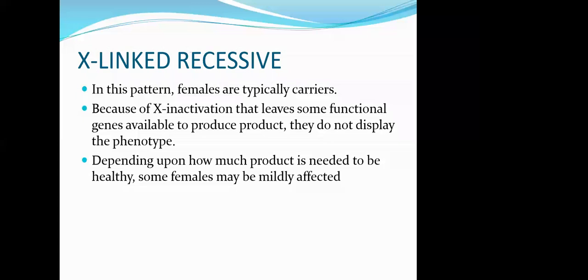But when you look at the karyotype of a female, you will not see both X's. One X is usually condensed as a bubble. It's a natural phenomenon. It's usually inactivated, which is a lucky thing, meaning that if that never occurred, then females would also suffer recessive conditions. Because of this X inactivation, there are some functional genes available to produce product. And hence, in X-linked recessive, females do not display the phenotype. That's what is meant by X-linked recessive. Females are typical carriers and males are typically sufferers.